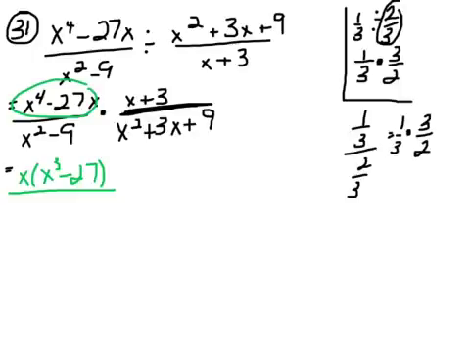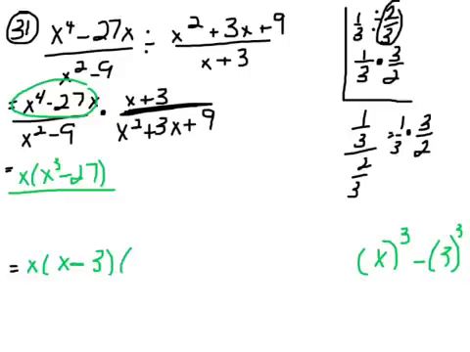Let me go ahead and put an equal sign down here, and let's keep working on just that part. I'll keep it in green so you can follow along. Now, that's the same thing as thinking x cubed minus 3 cubed, because 3 cubed is 27. So if I factor that x cubed minus 27, I would write an x and a 3 down. Since it's subtraction, I'll have a subtraction sign here. Then I take this x and I square it.